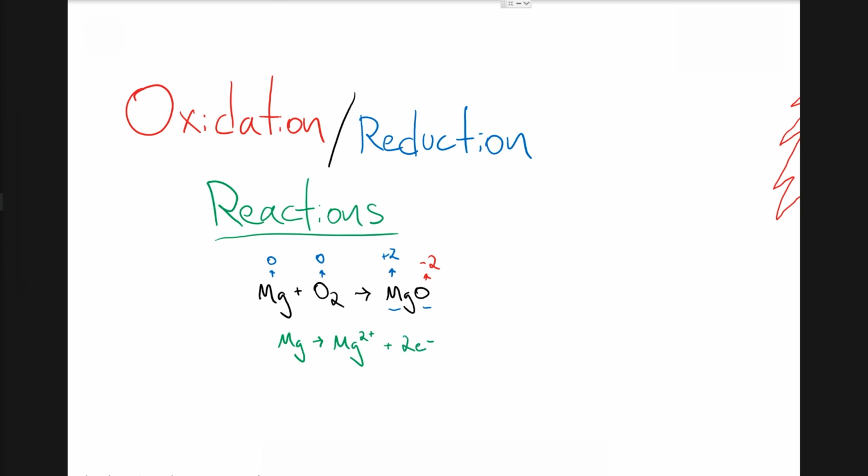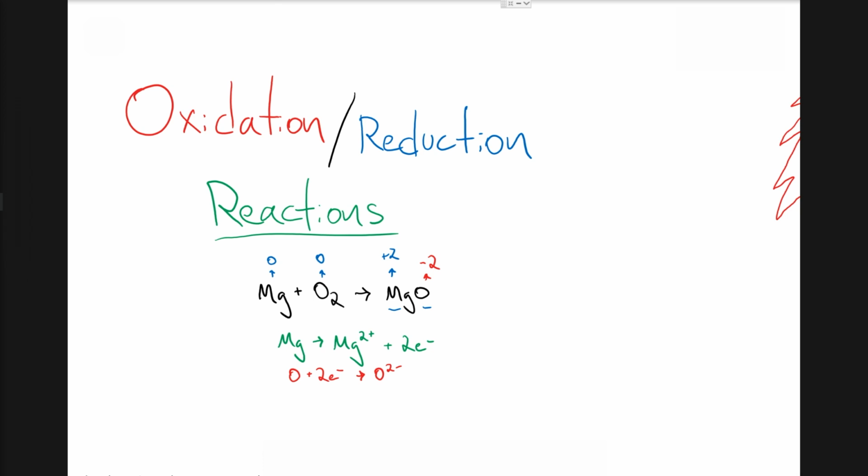And for the other half reaction, we say that oxygen plus 2 electrons turns into oxygen with a -2 charge. So that's what an oxidation-reduction reaction is. It's two half reactions, one being oxidation and the other being reduction, that together form one complete oxidation-reduction reaction.